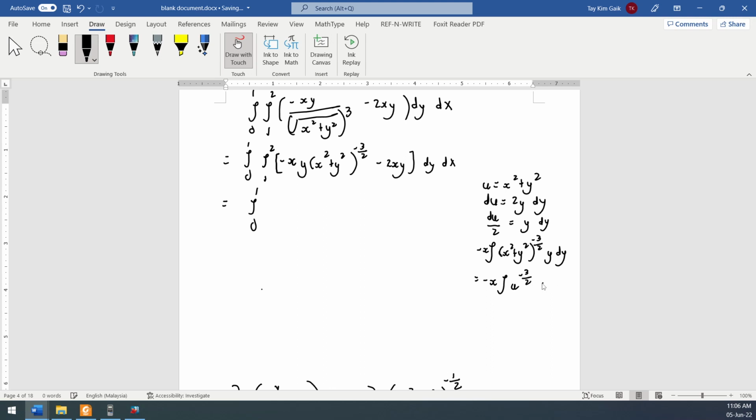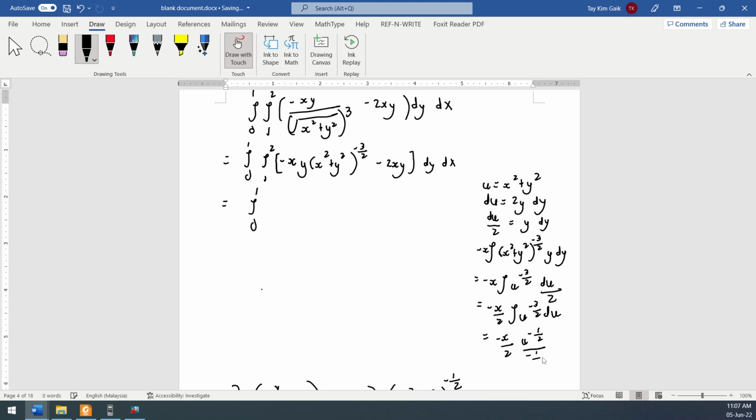So you get negative x over 2 times the integral of u to the power negative 3 over 2 du. In integration, the power increases by 1, so negative 3 over 2 plus 1 gives negative half.